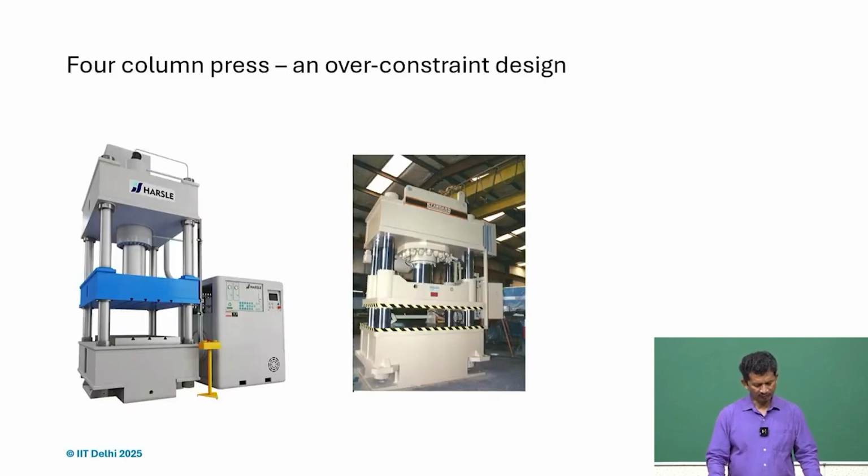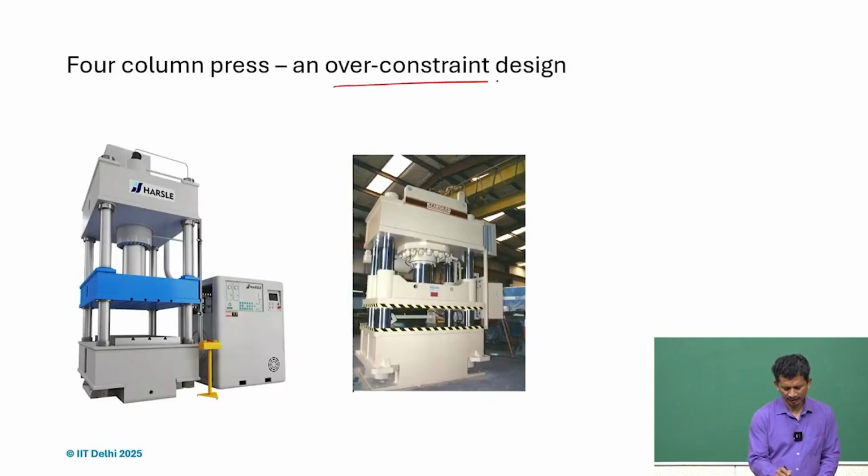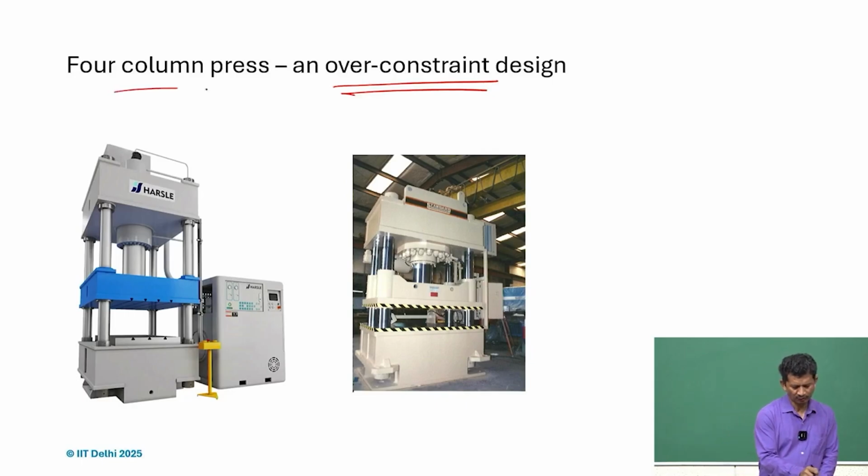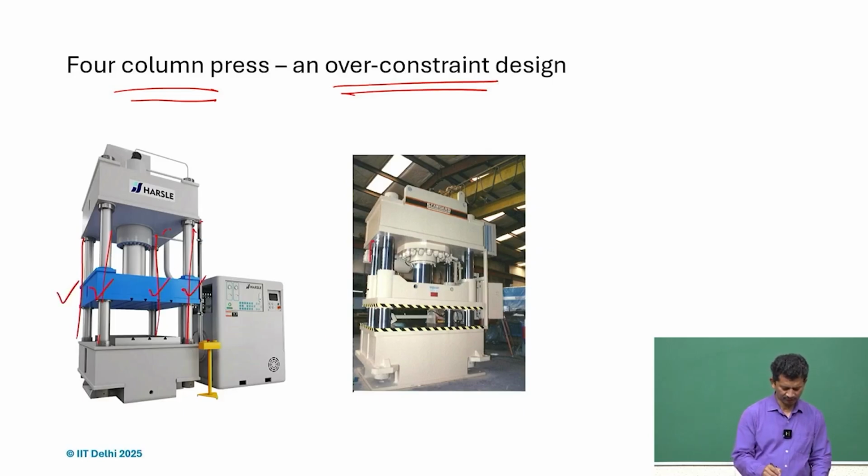One very good example of an over constraint design, and why we pay a lot of price, we can go through this example and understand. Any 4-column press: there are 4 guides here, so there are 4 of them. Similarly here also, if you see 1, 2, 3 and 4. What is the requirement here?